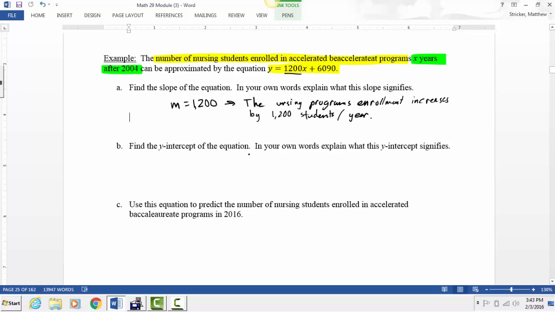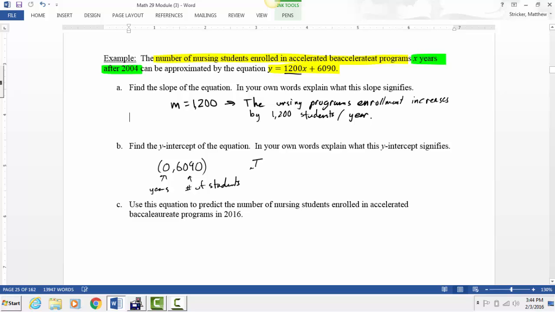Part B, find the y-intercept. Well, the y-intercept is the point (0, 6090). Remember, 0 is the years, and this is the number of students. So 0 years after 2004, that means in what year were there 6,090 students?